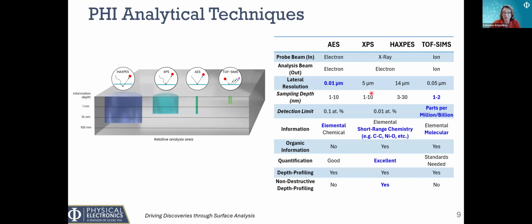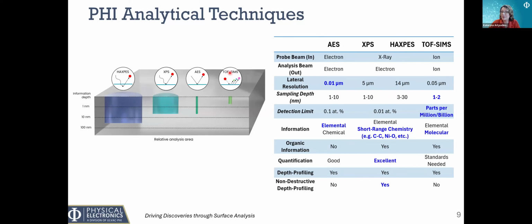XPS is very similar in sampling depth to Auger, but with higher energy X-ray sources in HAXPES, we can increase that depth depending on the energy of the X-ray. In the case of the instruments that PHI has, we have a chromium source, and the sampling depth is on the order of 3 to 30 nanometers. You can see several things highlighted that are really unique about XPS and HAXPES: the chemical information and excellent quantification.